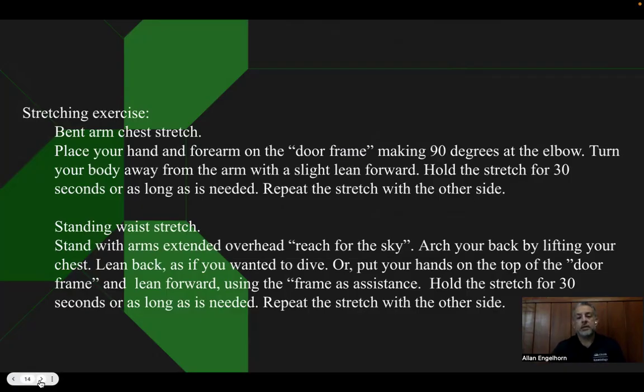And what you're going to do is lean forward and slightly rotate outwards, and you'll feel that stretch your chest out. The other one is a standing waist stretch, where you put your hands together above your head like you're diving into the pool, chest up, shoulders back, and lean and stretch out. You're going to feel that one just open up your chest.